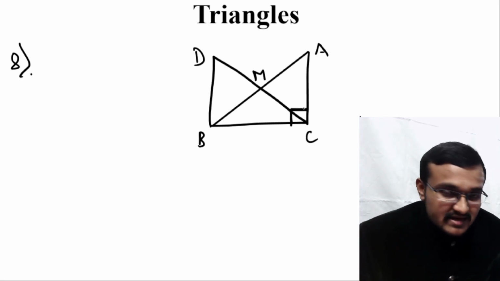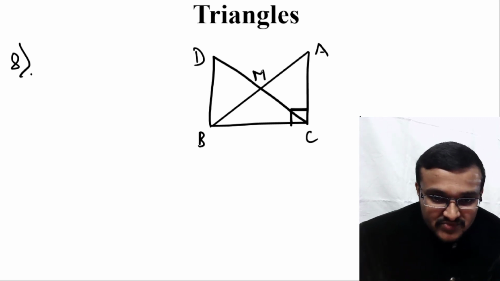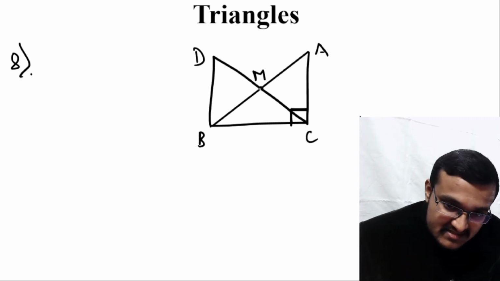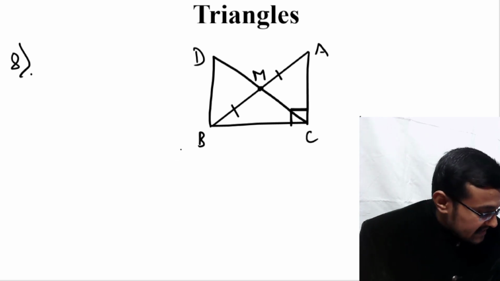So ACB is 90 degree. M is the midpoint of hypotenuse AB. So that means this M acts as the midpoint of hypotenuse AB. So MA and MB will be equal to each other.